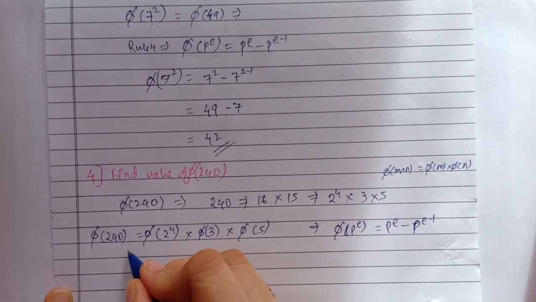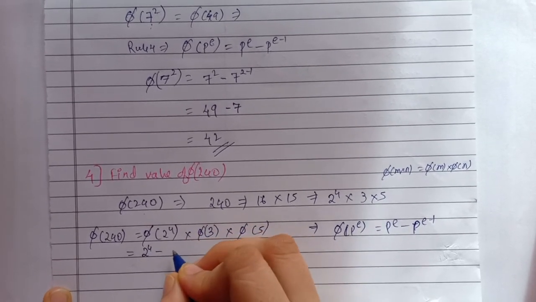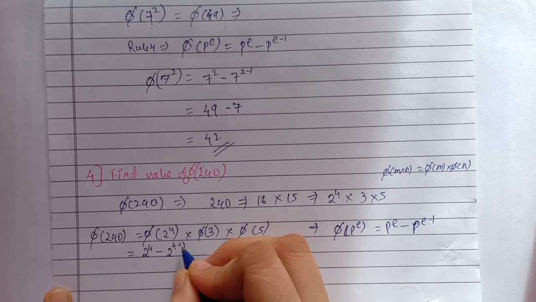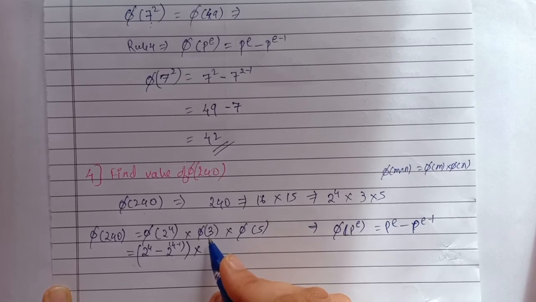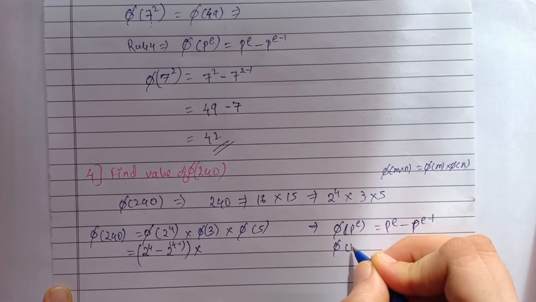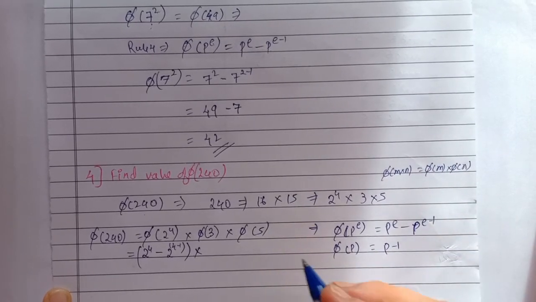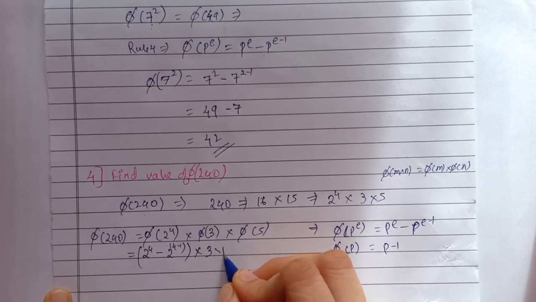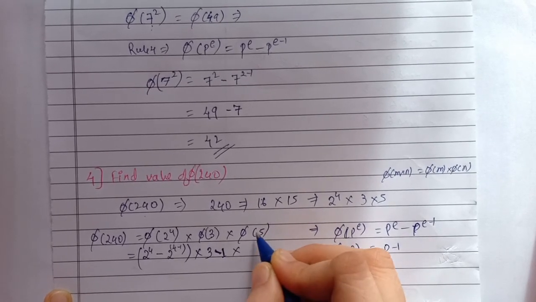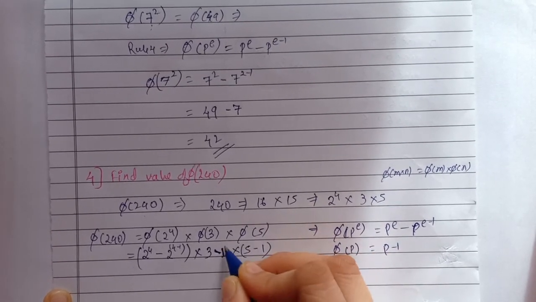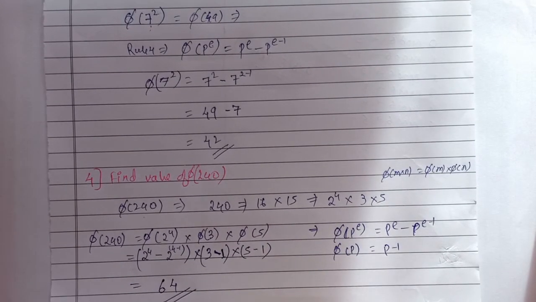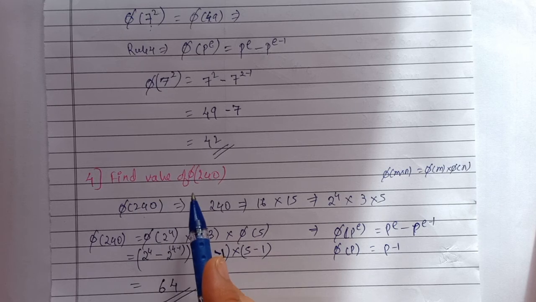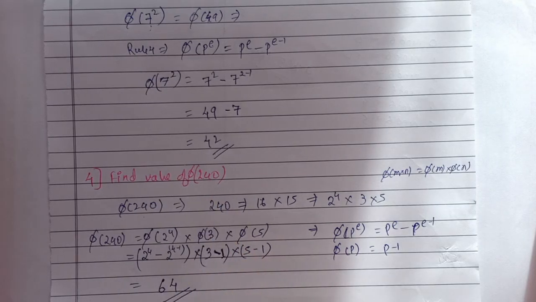So 2 raised to 4 minus 2 raised to 3, into phi of 3, and rule number 2 says phi of p is equal to p minus 1. So the answer will be 3 minus 1 into 5 minus 1. The answer will be 64. So there are 64 numbers in Z star 240, or the value of phi of 240 is 64.